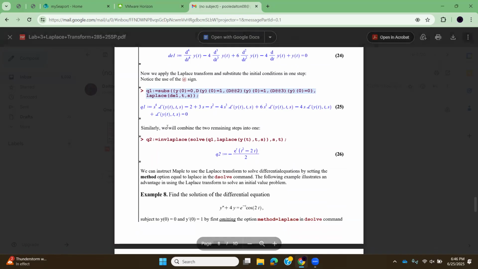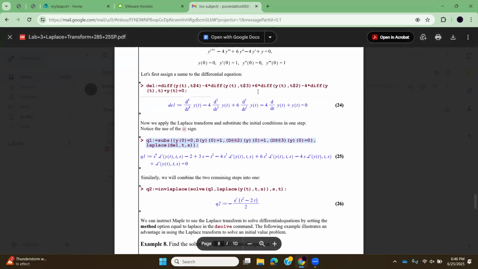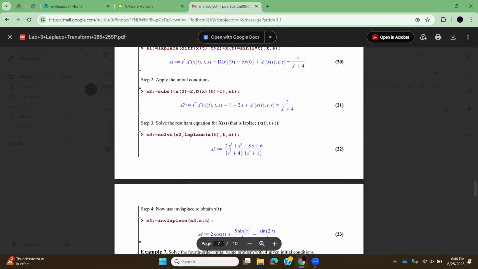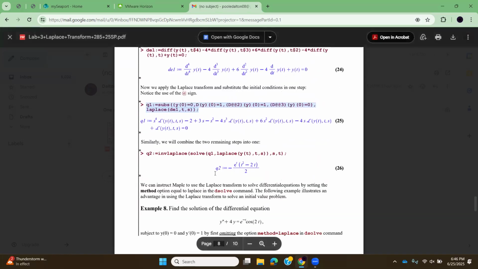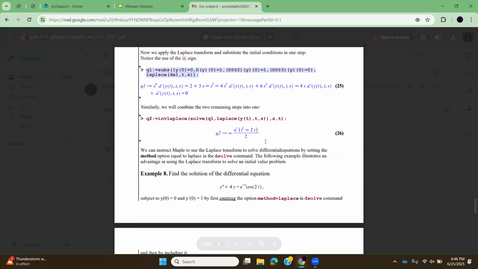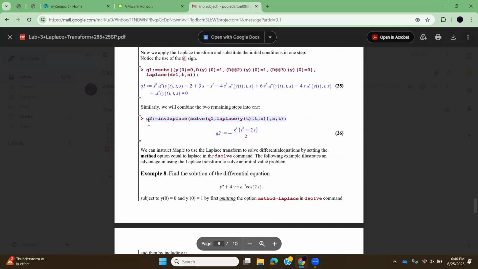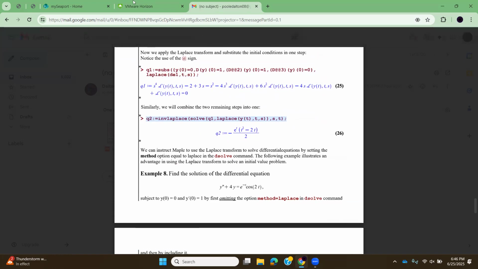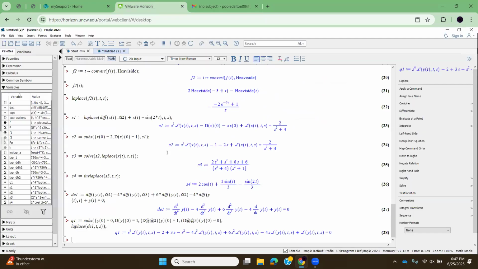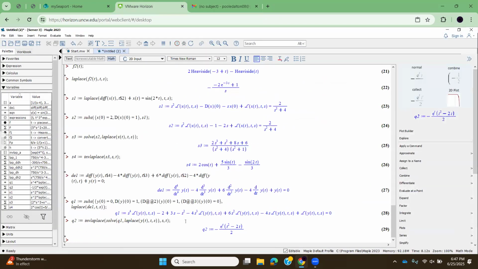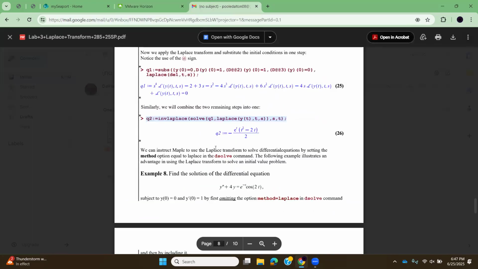What this is going to do is move all this stuff over and give us our function of s, and then this solve is going to move it over and make it look like this, and then the inverse Laplace is going to take that result and tell you the solution to the differential equation. Boom, there we go.